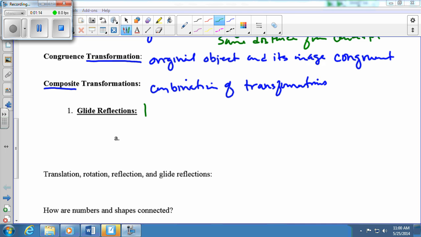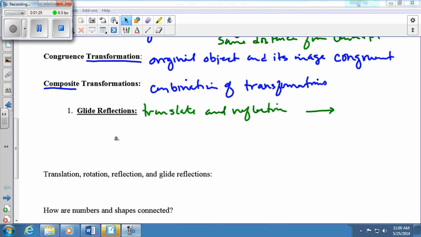We're going to translate and do a reflection. So my object's going to move and it's going to reflect about this line. Notice that those two things are parallel to each other.